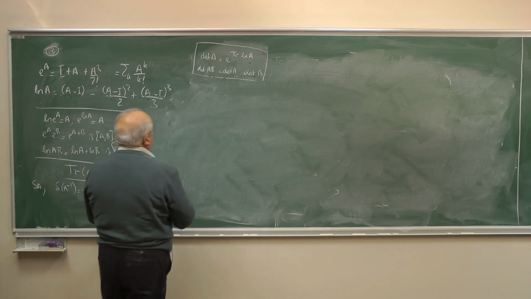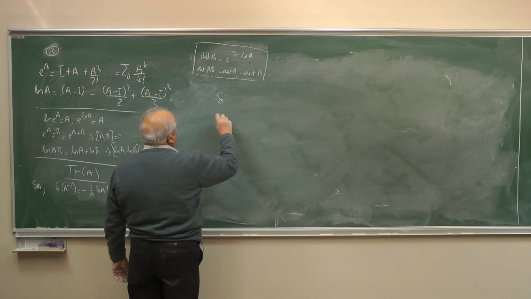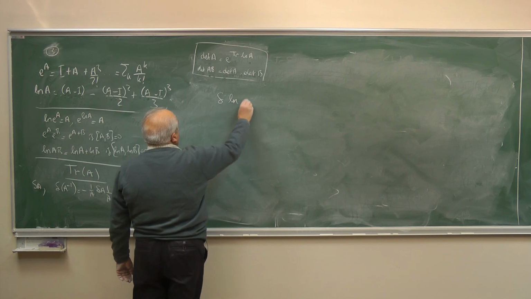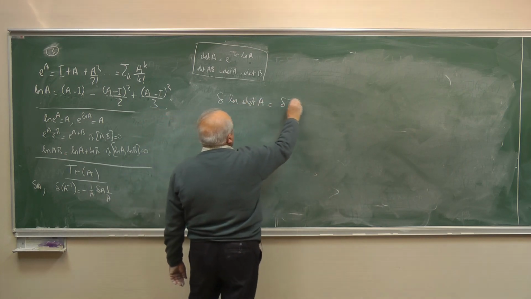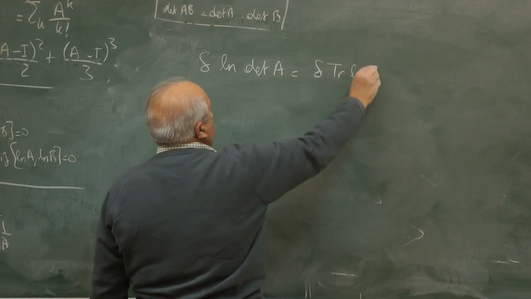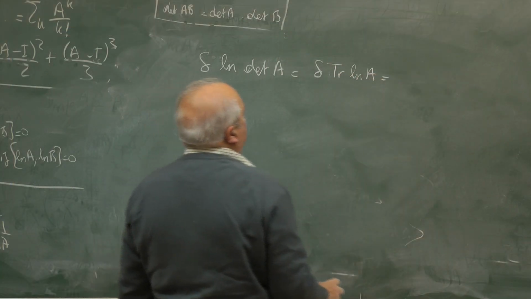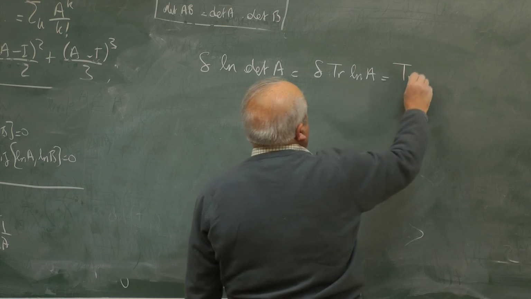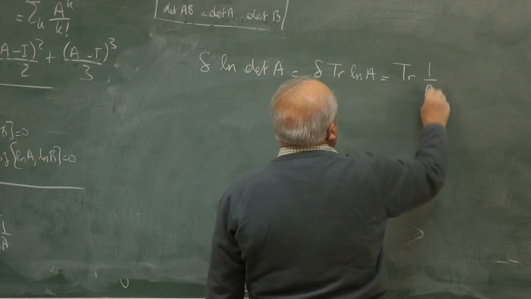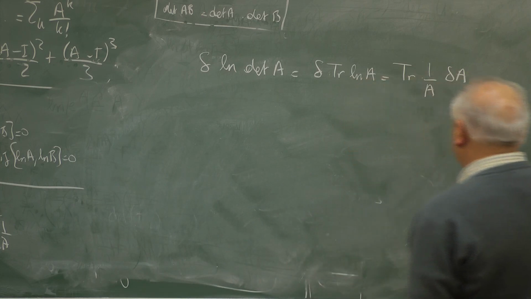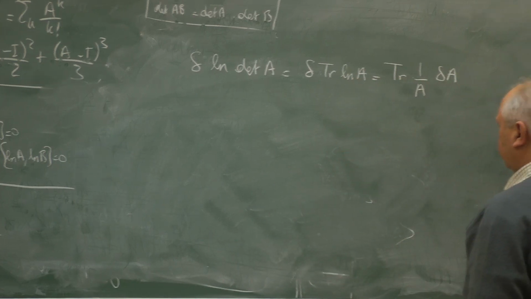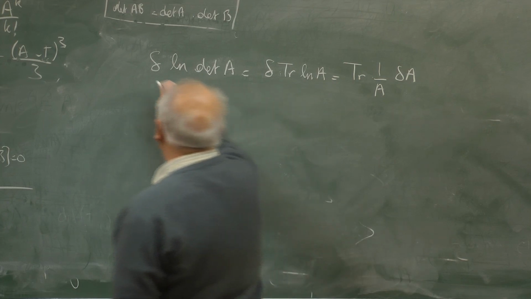We said that by the definition of determinant, delta log determinant A was delta trace log A, and this was trace of 1 over A delta A. Let's look at here.